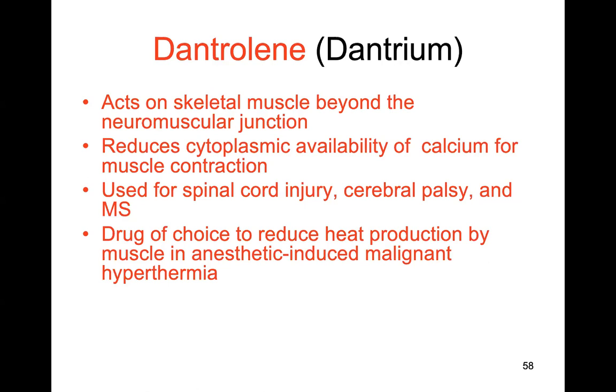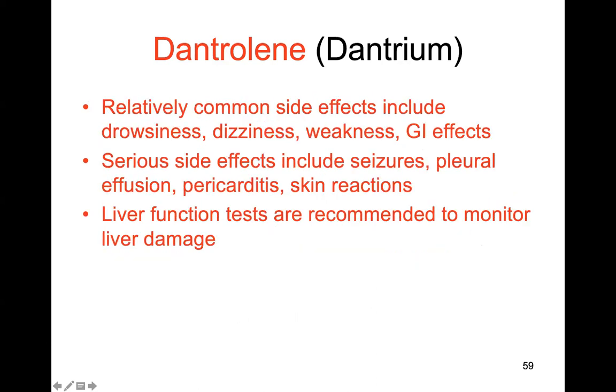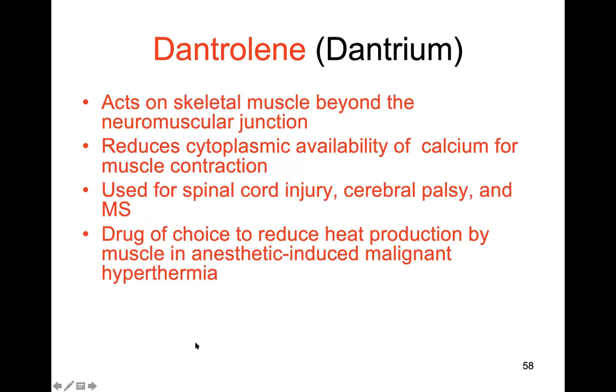This one is important because when people develop malignant hyperthermia, one of the big things we see is that the muscles contract, and when the muscles contract, that generates heat. So dantrolene will relax the muscles, and that reduces the heat.